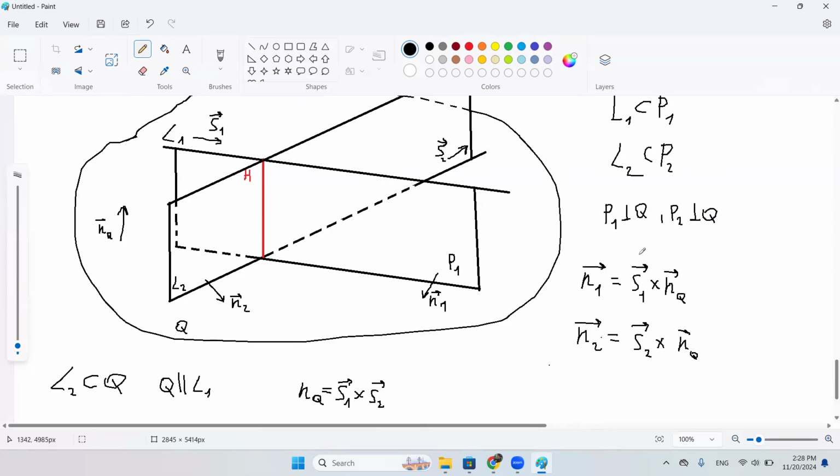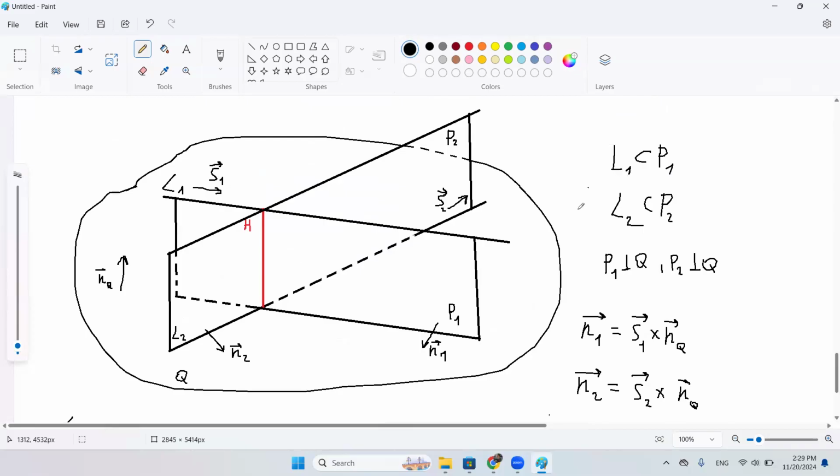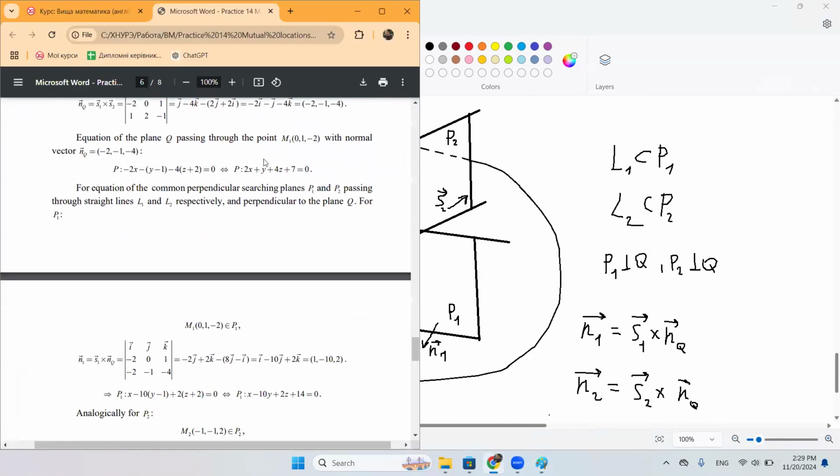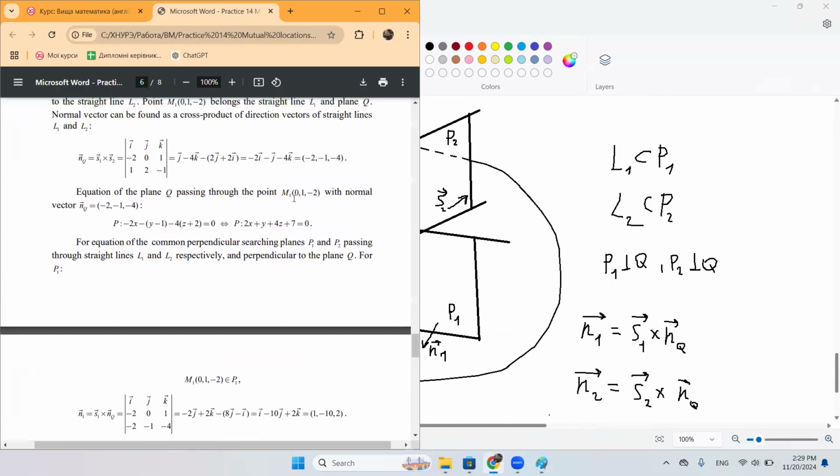And now with the normal vectors of these planes and points that belong to these planes, we can write down equations of these planes. For plane P1, we have such equation.